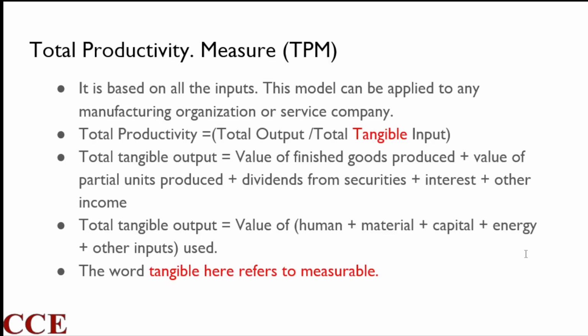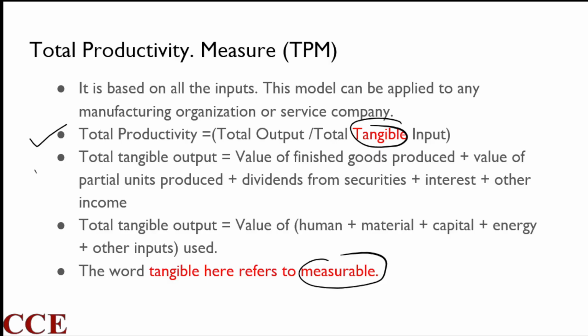Okay, so here, if you look at total productivity, it is total tangible output divided by total tangible input. The word tangible is there. So tangible refers to the measurable inputs. Some inputs are there in the organization which cannot be measured.